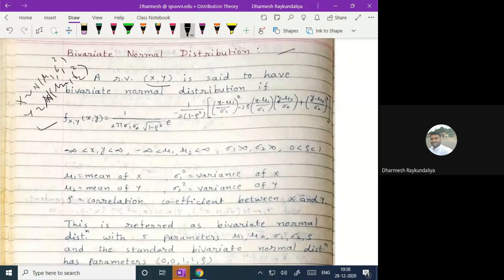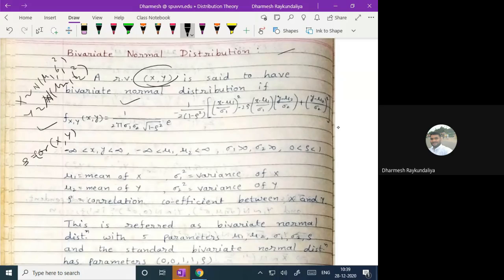Then the joint probability is 1 upon root 2 pi sigma 1, e raised to minus half ((x minus mu 1) upon sigma 1) square, and the PDF of Y is 1 upon root 2 pi sigma 2, e raised to minus half ((y minus mu 2) upon sigma 2) square. But here X and Y are not independent, they are jointly distributed and they are bivariate normal. So of course X and Y have some correlation, and that rho is the correlation between X and Y.